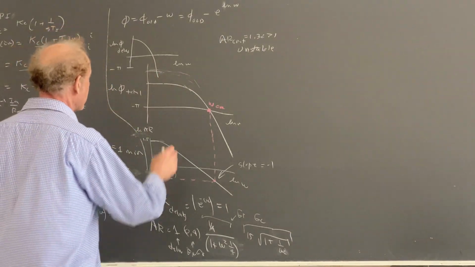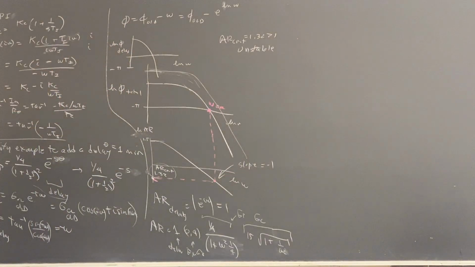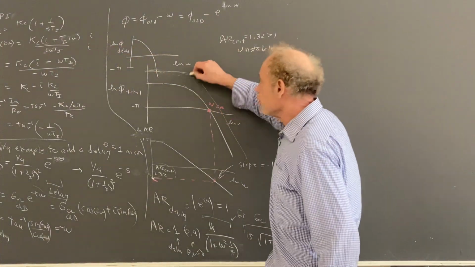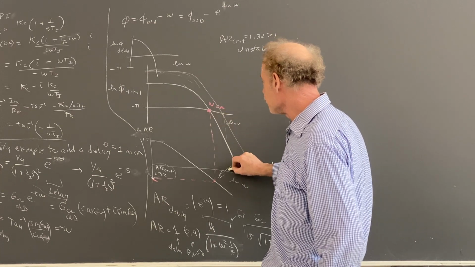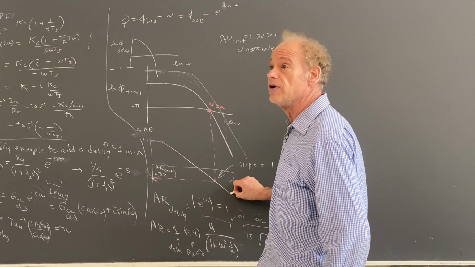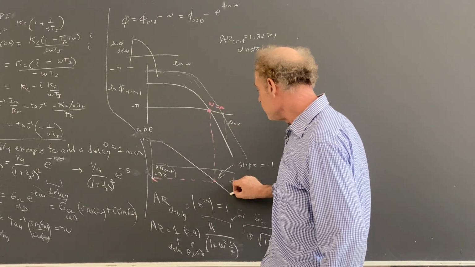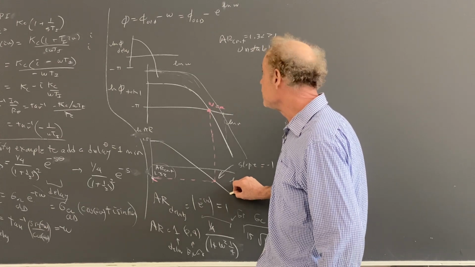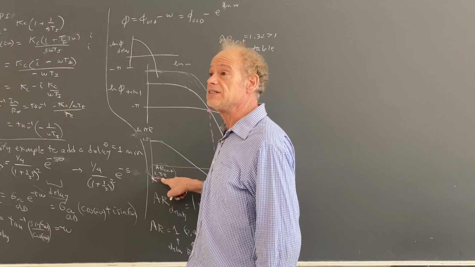If I had subtracted less, then my curve would have been higher, and I would have crossed a little further out to the right, which would have meant a lower value of the amplitude ratio. Then this might have been less than 1, and the system would have been stable.